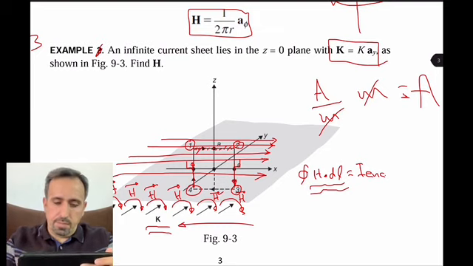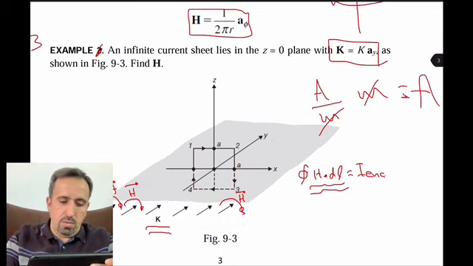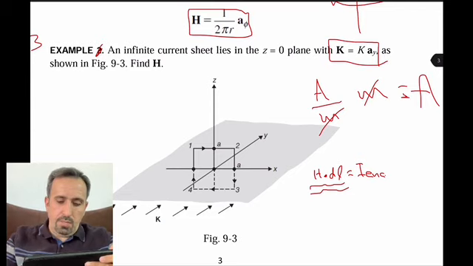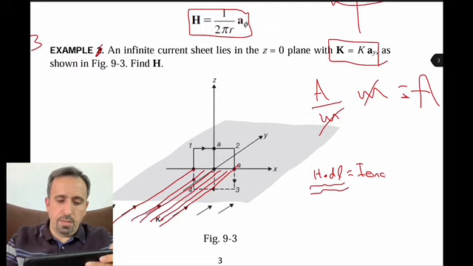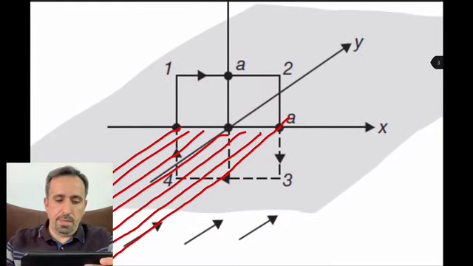May I erase all of this to discuss this particular thing? Imagine these lines representing the current passing through this square Ampere path.